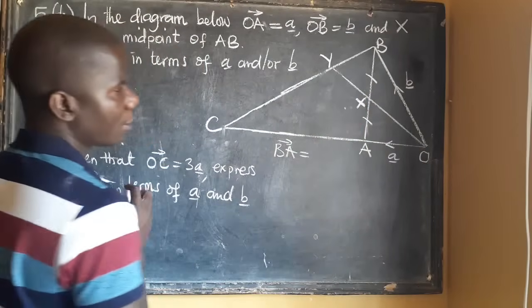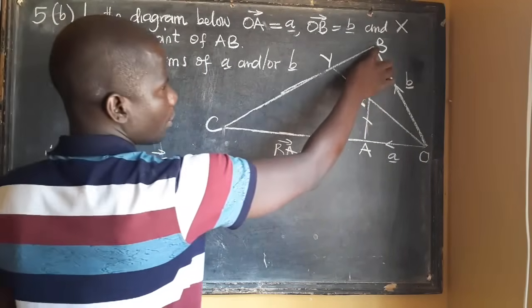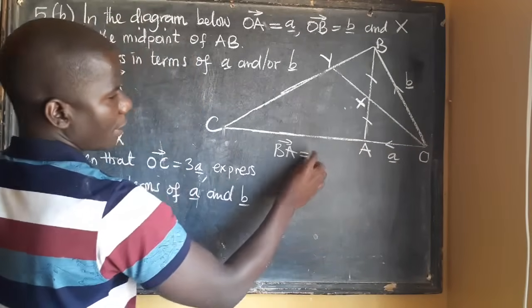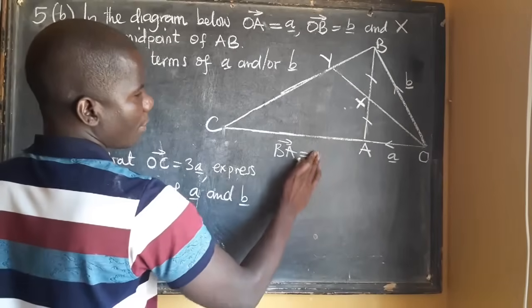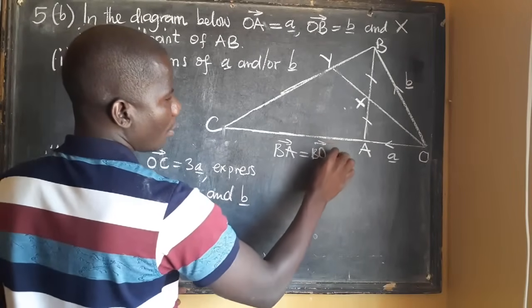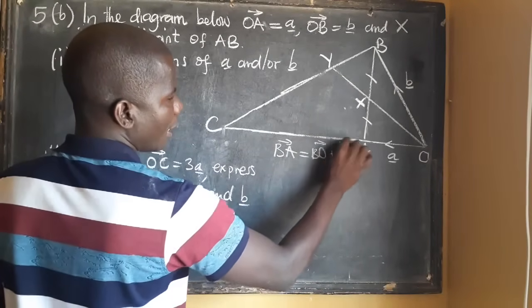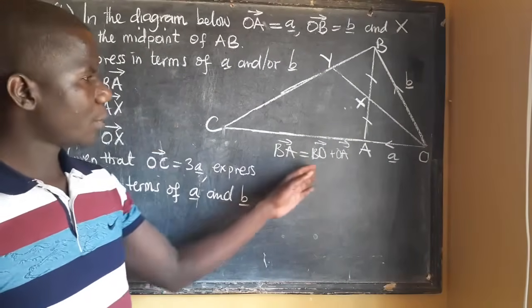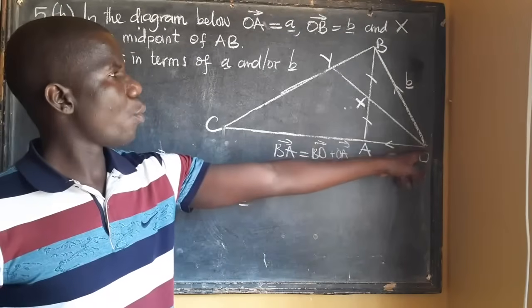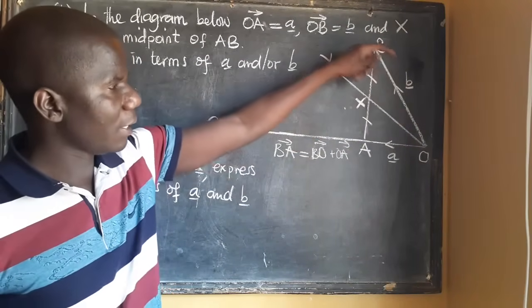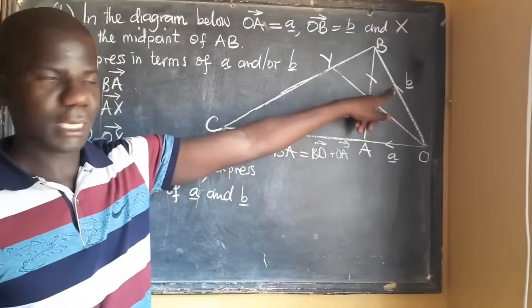BA is going to be equal to BO plus OA. So when you look at what we have first, it's OB. Now that we want BO, it is going in the opposite direction of this arrow.